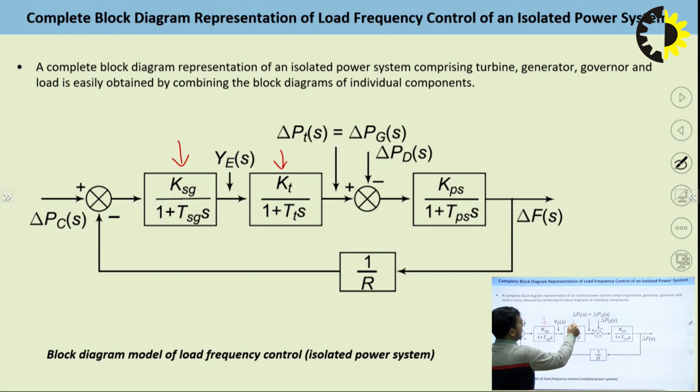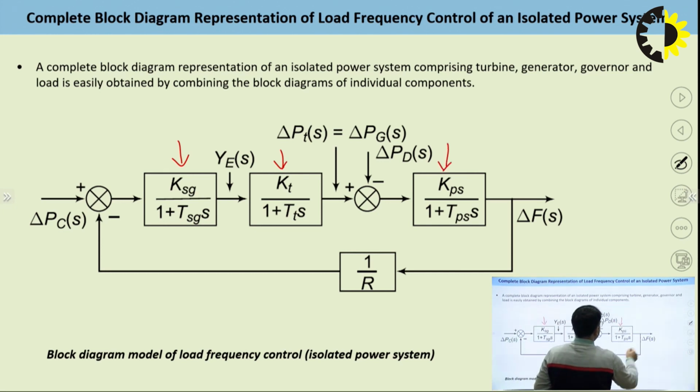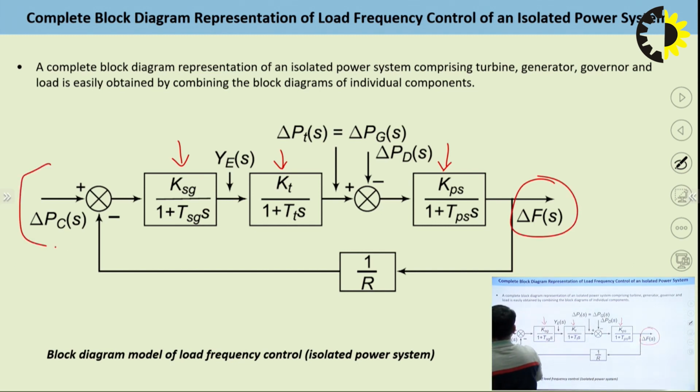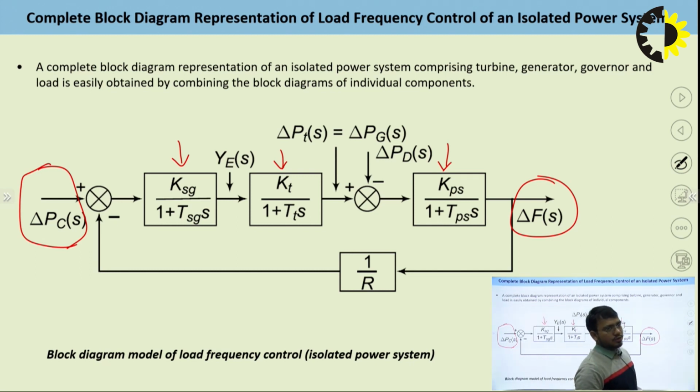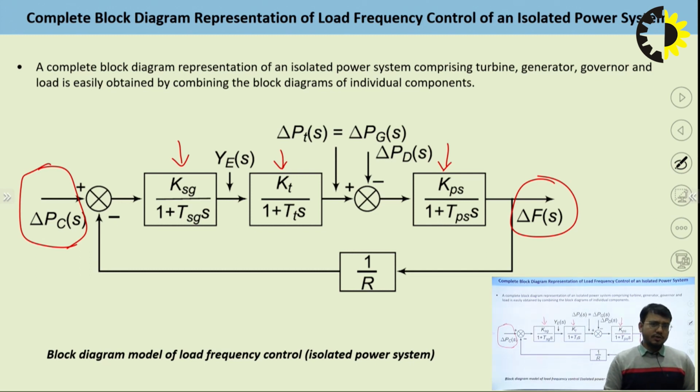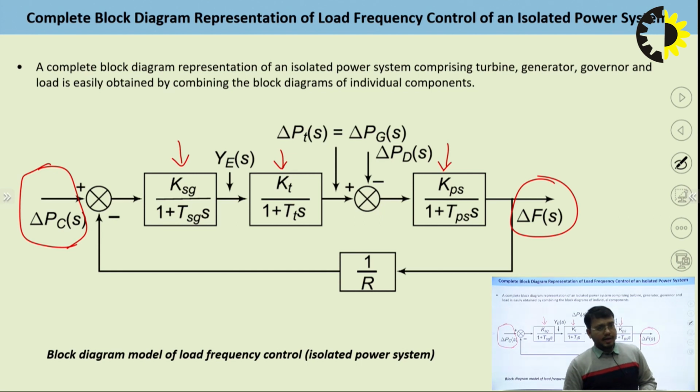This is the block diagram for the turbine, and this is for the complete power system. Here delta F is the change in the frequency, and accordingly the change in power is carried out. Okay, so this is the block diagram through which this frequency control action can be carried out, right? So this is all about this lecture.